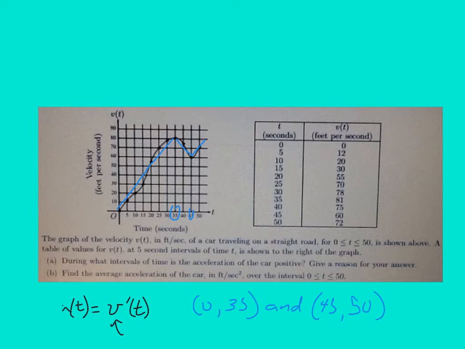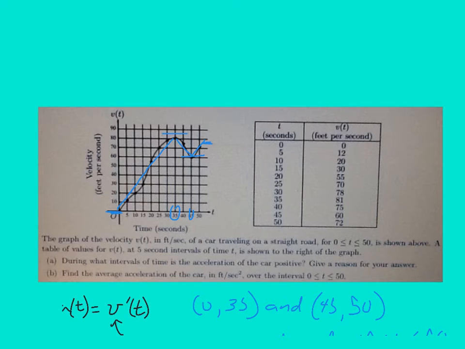I'm not going to include the endpoints because that could be a zero, probably a 0 at both of these parts here, and we don't know what really was happening before or after this, so I'm not going to include them. Another way to do this, you could just say 0 to 35 and 45 to 50. So you could do any of those.